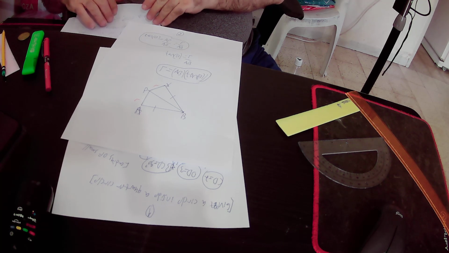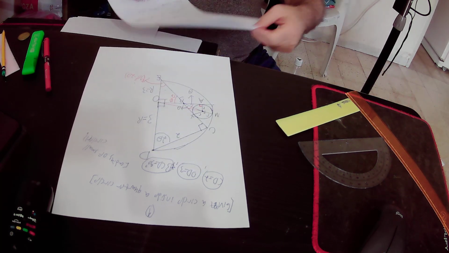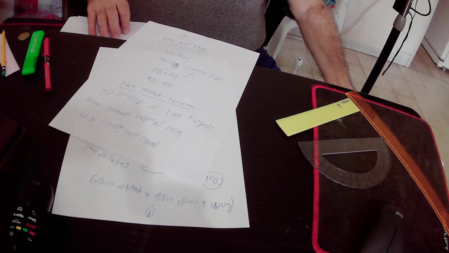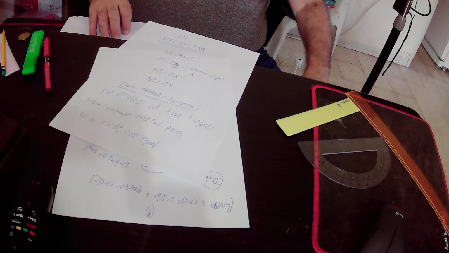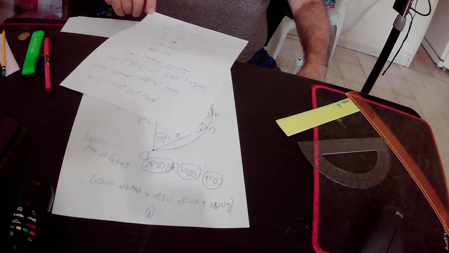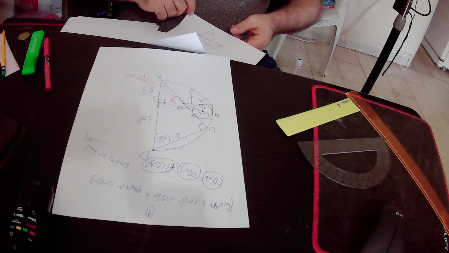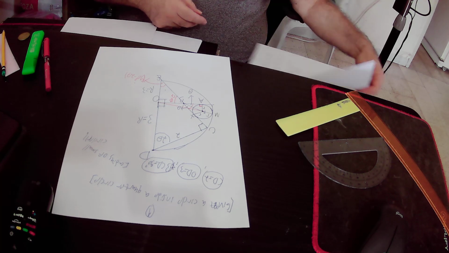So we proved that all the sides of triangle ABP are congruent to all the sides of triangle PBX. Therefore, triangle ABP is congruent to triangle PBX according to the side-side-side rule.